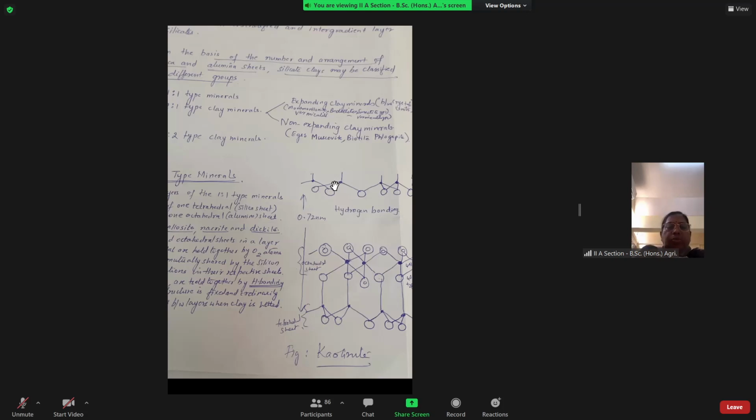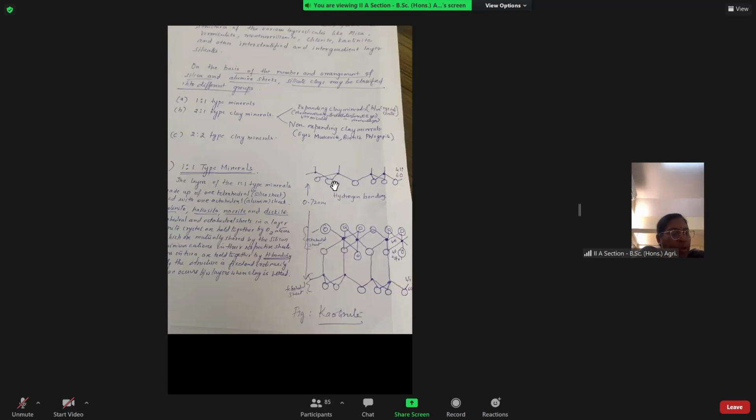So coming to the first one, the expanding type of minerals, the smectite group has interlayer expansion. First point, it has interlayer expansion. Therefore, because of this expansion, it absorbs more water and more cations.